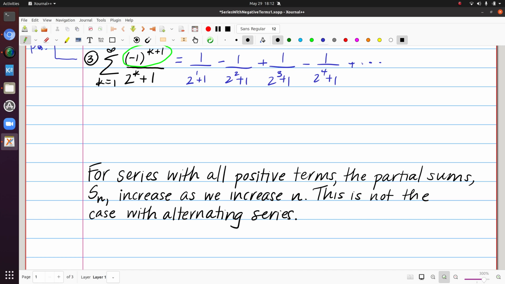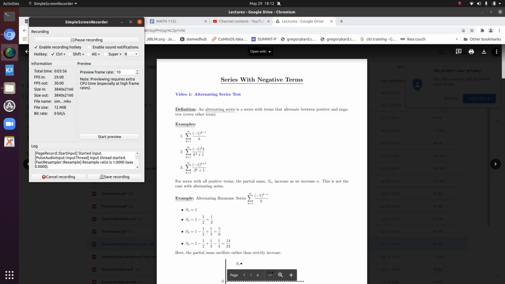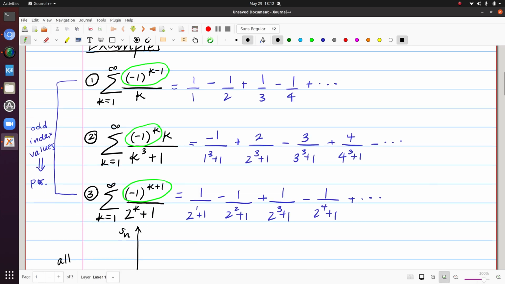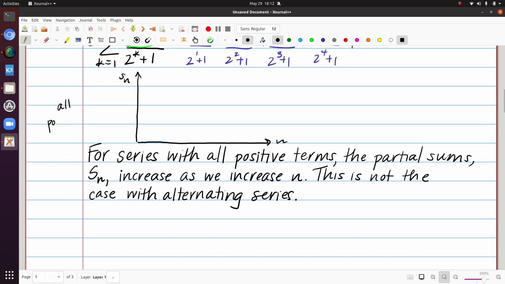So to think about that, if I had to sketch the partial sums for all positive terms, then because each successive term is positive that you're tacking on with these partial sums, we're going to have the behavior that, let's mark it off here.